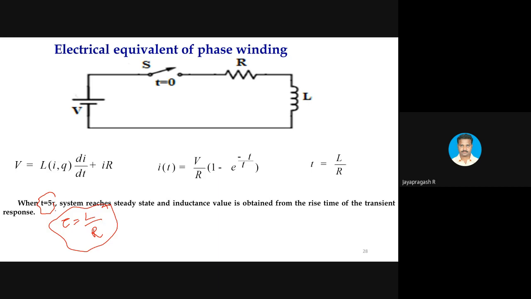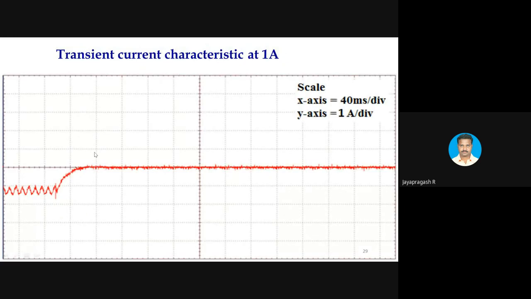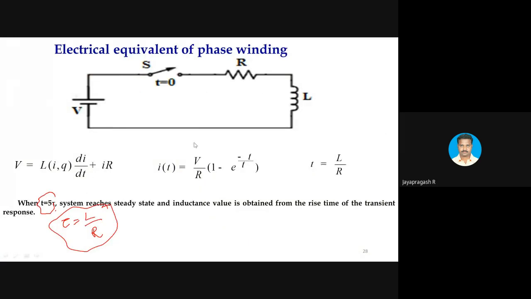Keeping this in mind, we captured the transient portion of the phase winding using a DSO. Look at this, the time taken by the machine to reach its maximum value. So we captured this transient period.